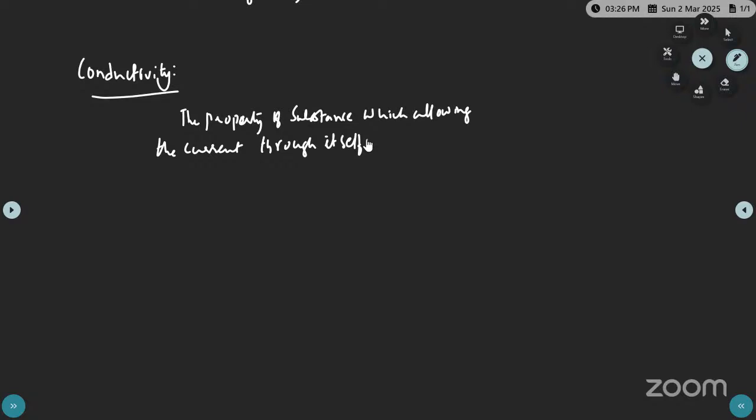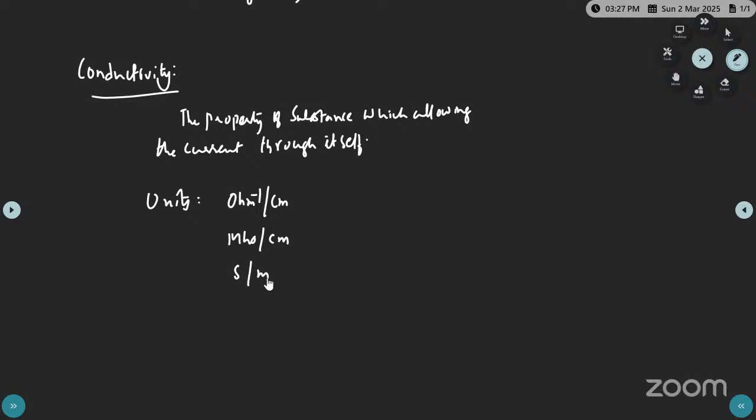Conductivities are of various types, like equivalent conductance and molar conductance, which we do not need now. The units for conductivity are ohm inverse per centimeter, or mho per centimeter, or Siemens per meter. These are all the units of conductivity.